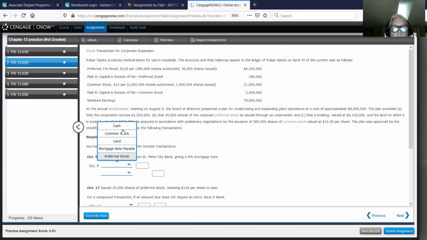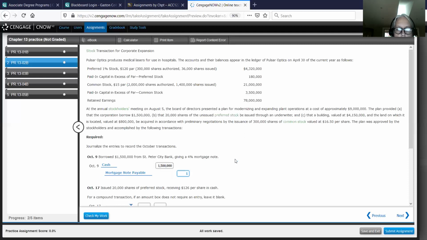And to increase our cash account, we would debit that for $1,500,000. The credit is going to be to the mortgage note payable, which is a liability account. Both our cash and our liabilities are increasing. And to increase a liability, you would credit by $1,500,000.